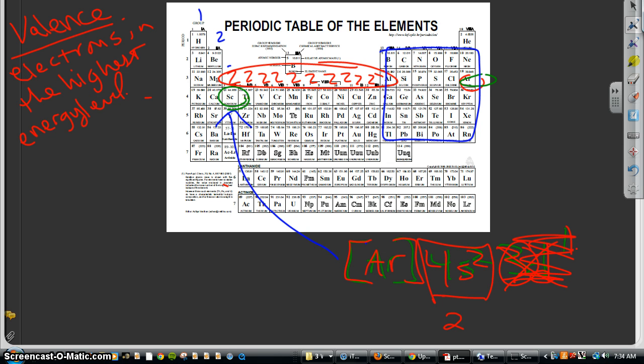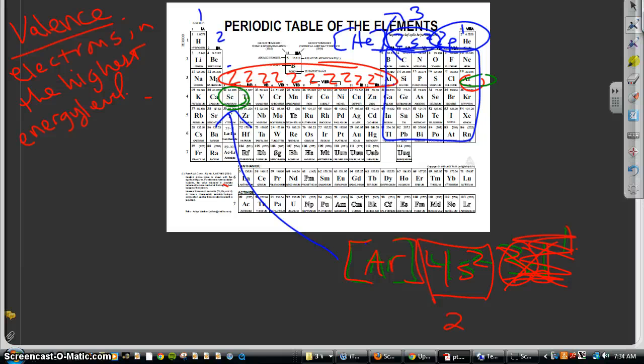Boron's configuration would be helium followed by 2s2 followed by 2p1. So if we count valence electrons here, we have 2 in the 2s and 1 in the p for a total of 3 valence electrons. And if you go to the next one down, you would see it also has 3.